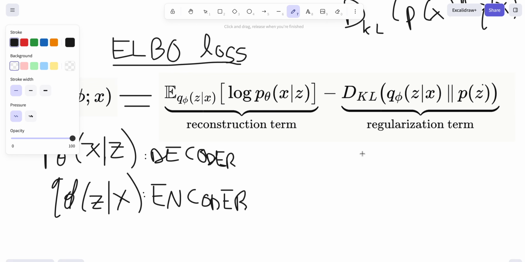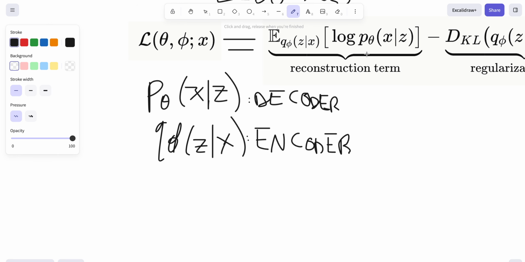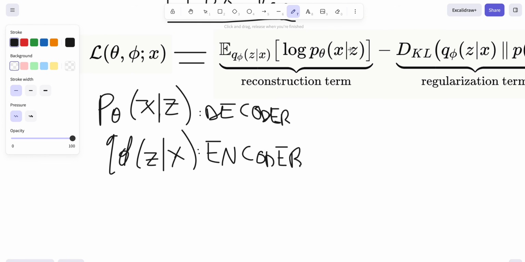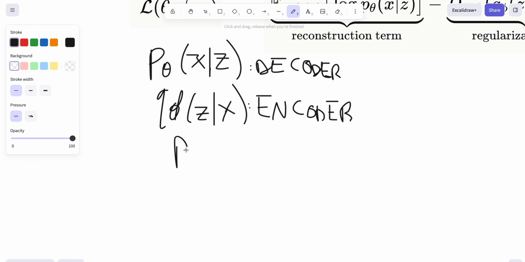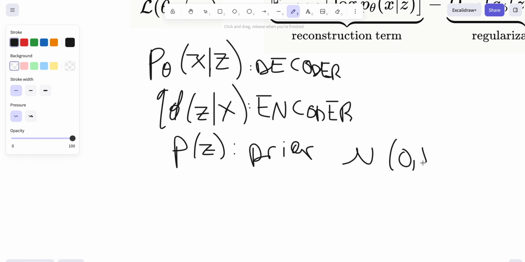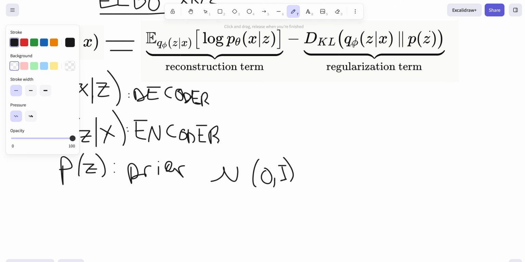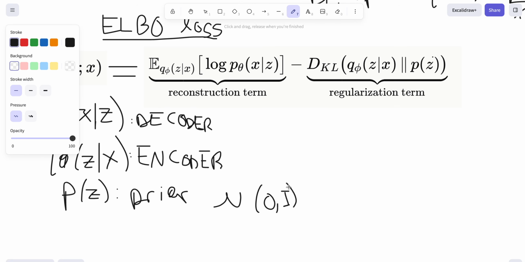Those define the probabilistic distributions for our encoder and decoder, and P of z is our prior distribution, which is a Gaussian with mean 0 and standard deviation 1, or using the identity matrix here. The idea is that we want our encoder to be as similar to this normal distribution so that we can continue to capture its probabilistic nature.